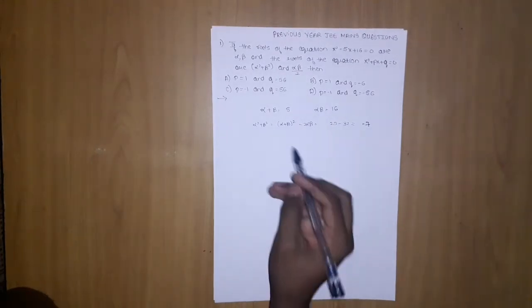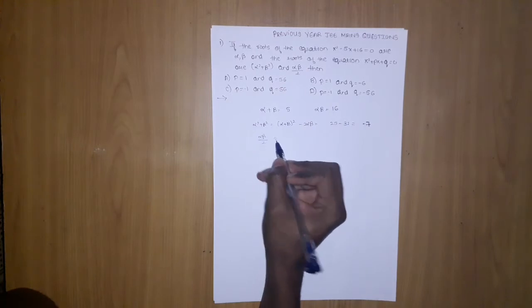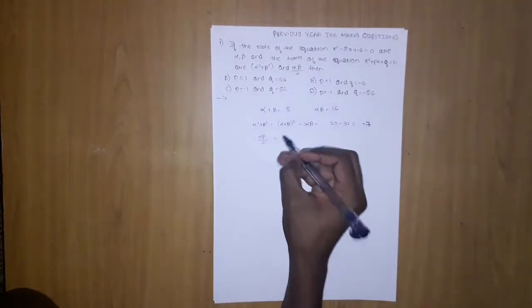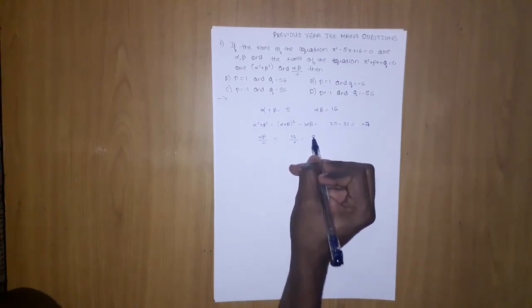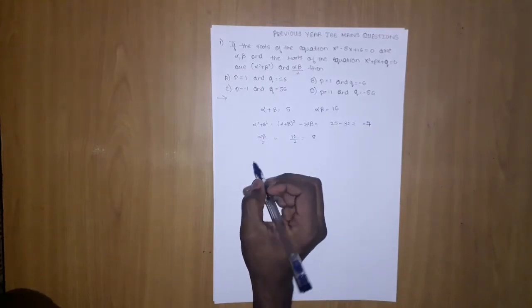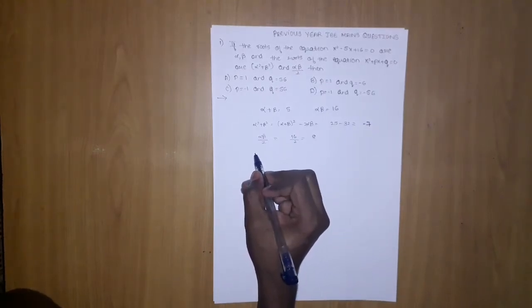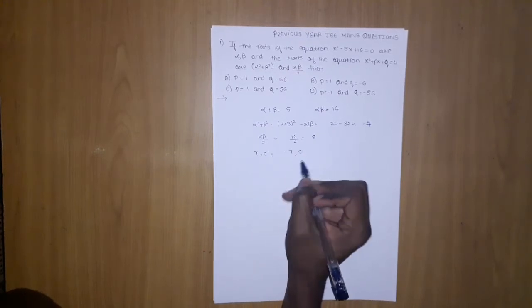Now let's find alpha beta by 2. Alpha into beta is 16, divided by 2, it will give us 8. So the roots of this equation, let's call them gamma comma delta, are minus 7 comma 8.